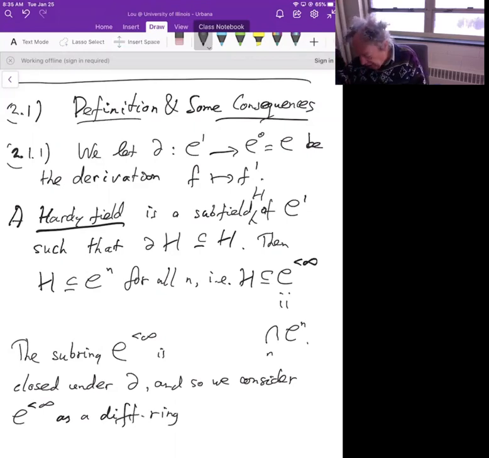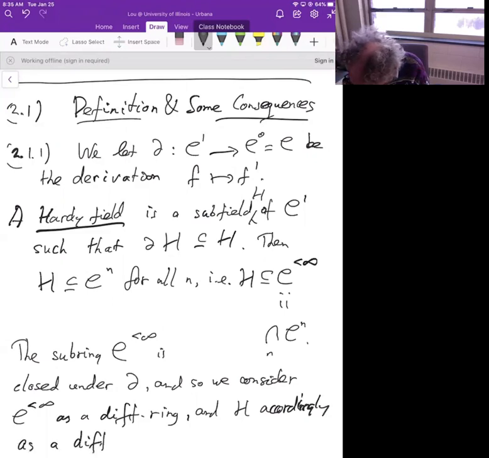In other words, a ring together with a derivation on it, which maps it to itself. And H accordingly as a differential subfield. In other words, the derivation is now one of the primitive operations that we consider H as equipped with, as a differential subfield of C.